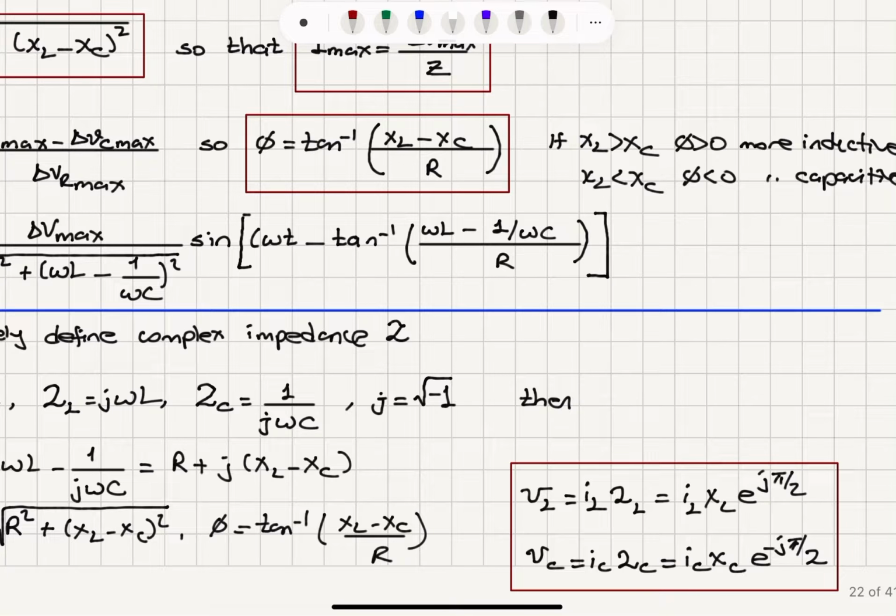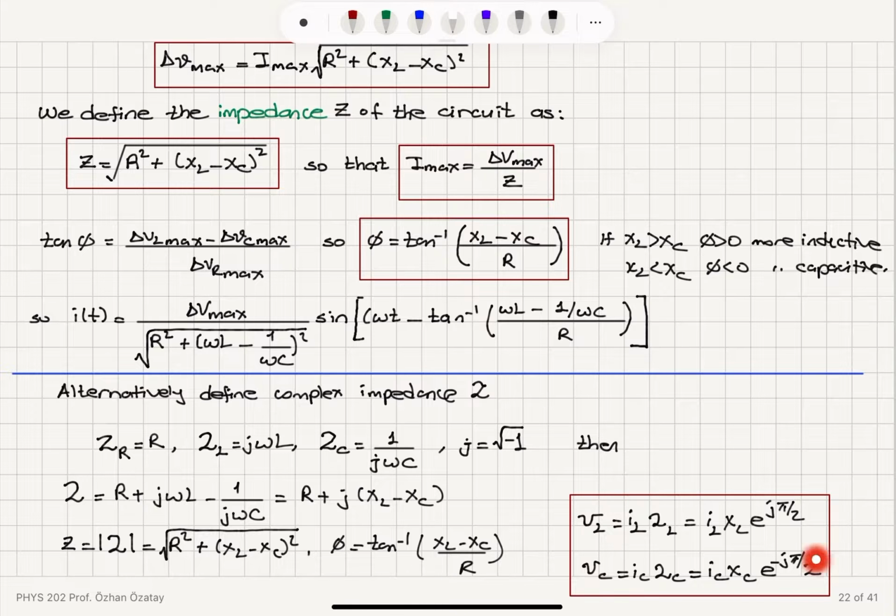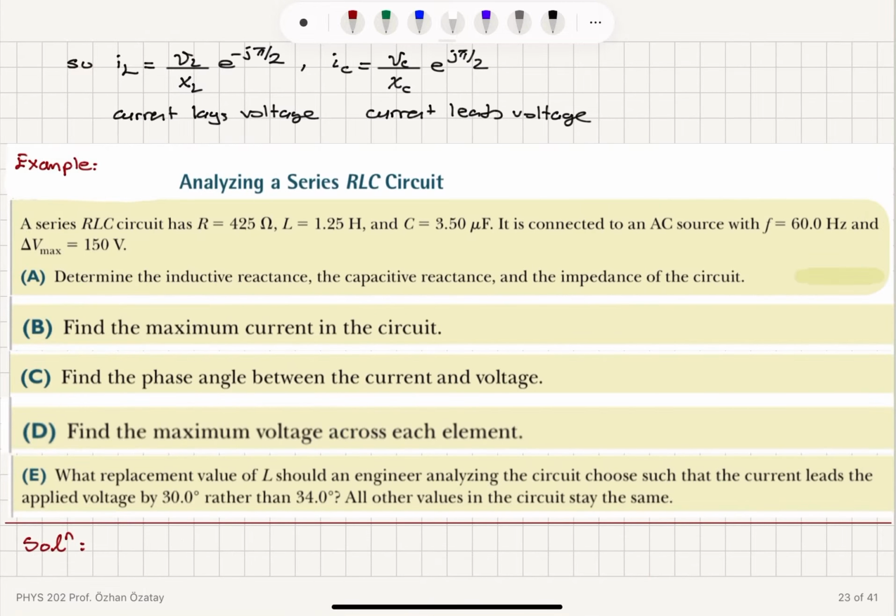Similarly, for the 1 over j omega C, we can put e to the minus j pi over 2. And this is going to give us voltage lagging the current by pi over 2, or current leading the voltage by pi over 2. So this phase relationship can also be read from these complex impedances easily.